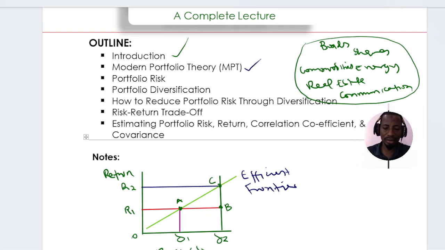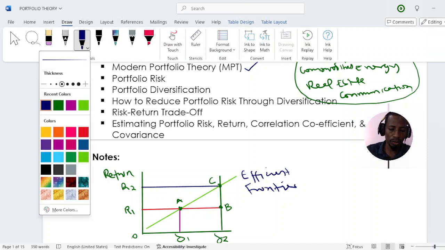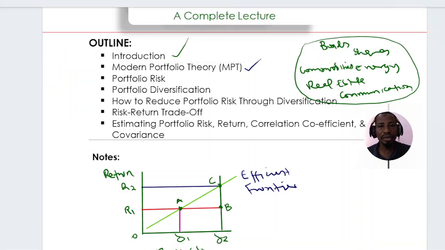So let's talk about portfolio risk. What do you understand by portfolio risk? Portfolio risk is the chance that the actual returns may be different from the expected.